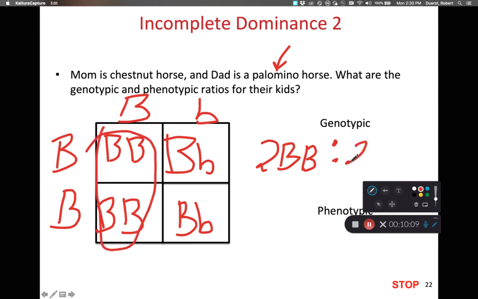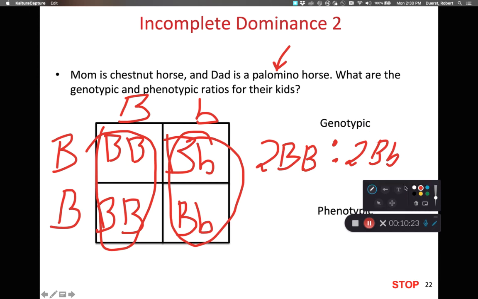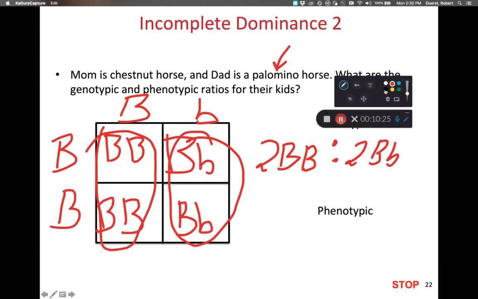And then as we look at the palomino individuals, those horses have 2 potential chances of happening. So we have a 2-to-2 homozygous dominant to heterozygous genotypic ratio. And for the phenotypic ratio, it's 2, I'll say C for chestnut, to 2 P for palomino.